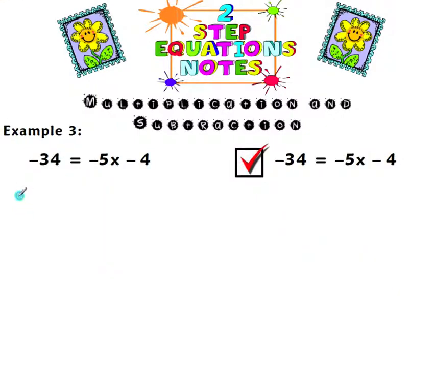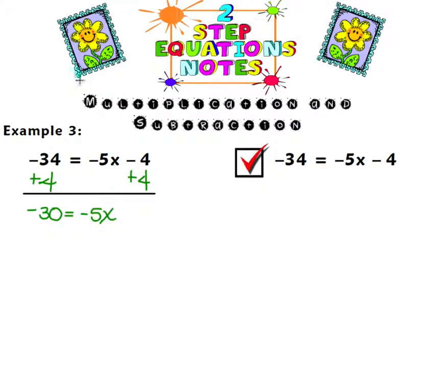If we have -34 equals -5x minus 4, so we need to undo this subtraction of 4, so we are going to add 4 to both sides. -34 plus 4 is -30 equals, and so we're left with -5x.